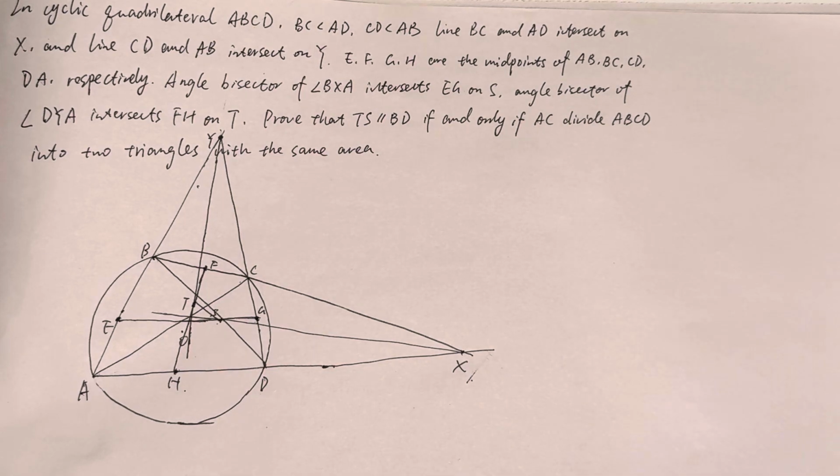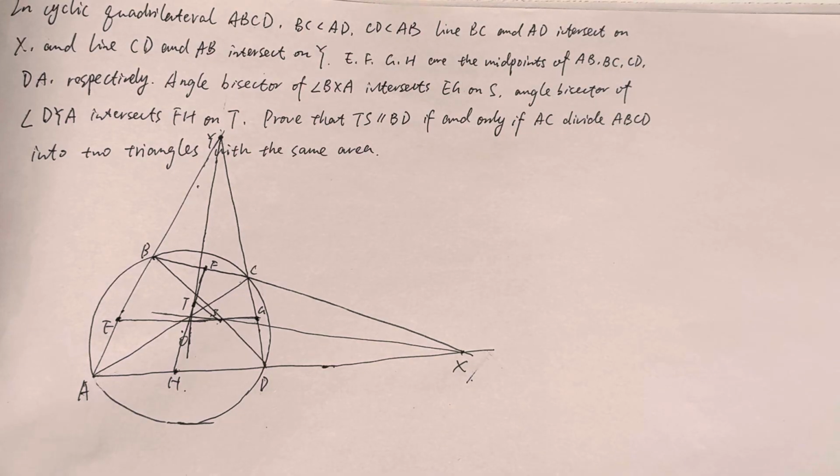First we say AC divides ABCD into triangles of the same area, and we want to prove that TS is parallel with BD, and we will check the procedure of the proof to see if it's reversible on every step.